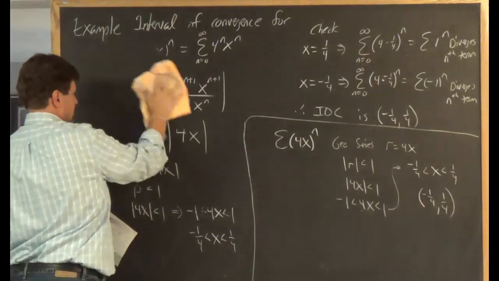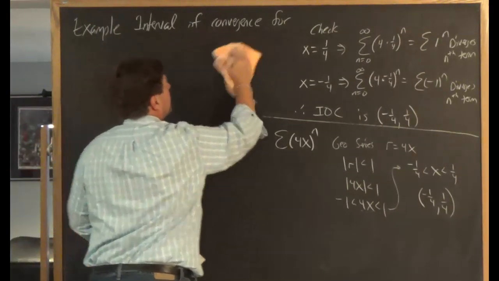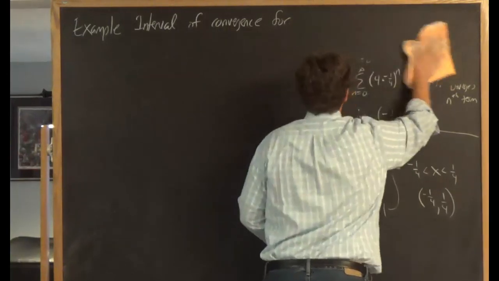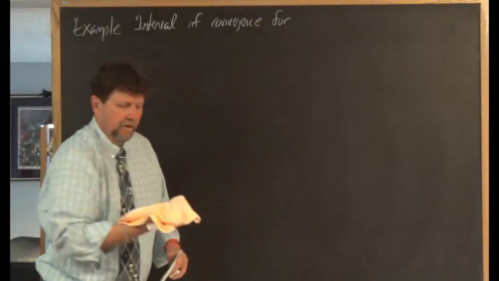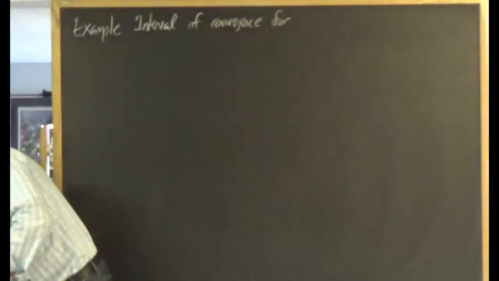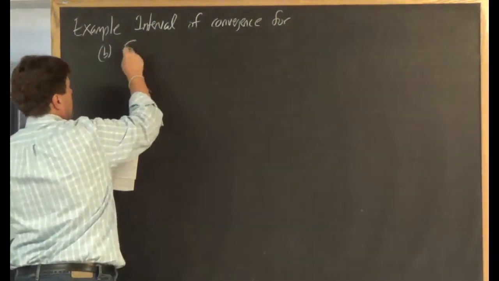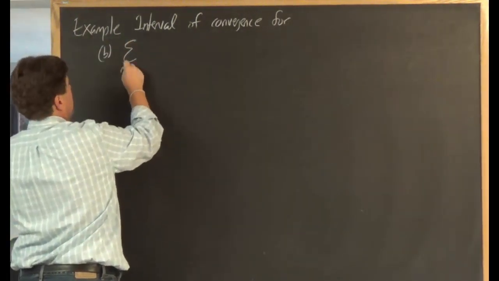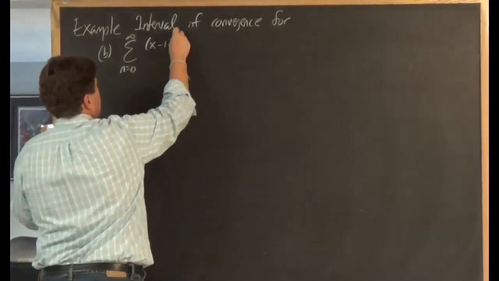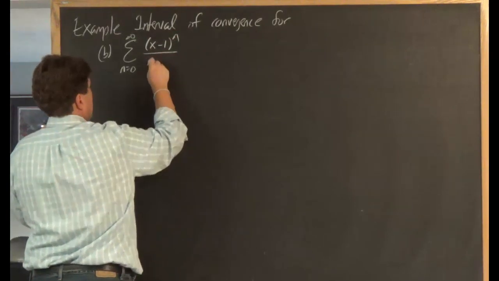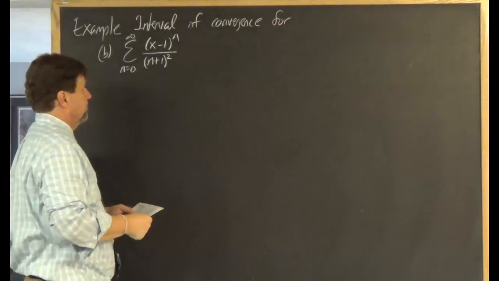So bear with me as I do some erasing here. Let's see, part B. So part B was the series, n equals 0 to infinity, (x minus 1) to the n over (n plus 1) quantity squared.